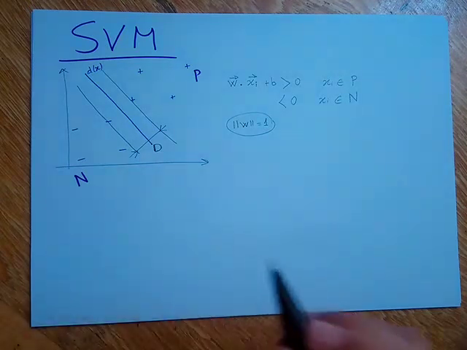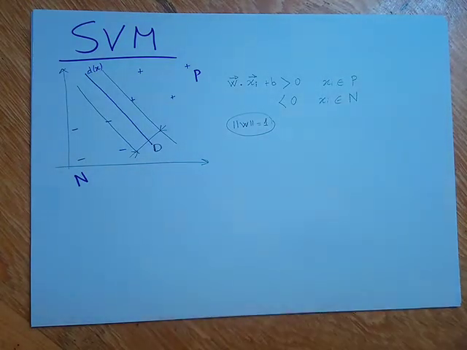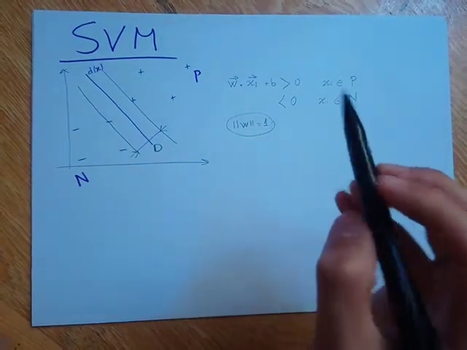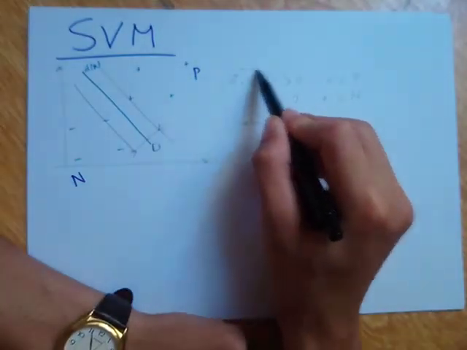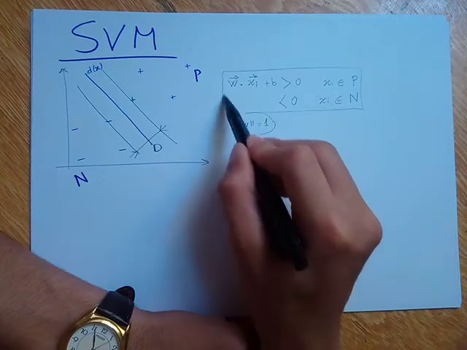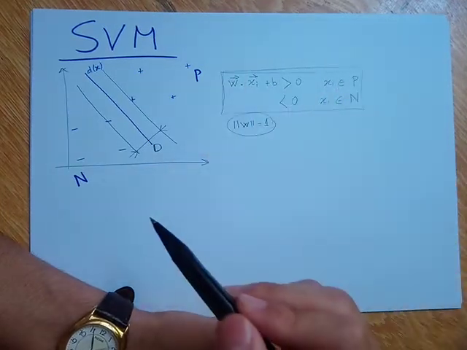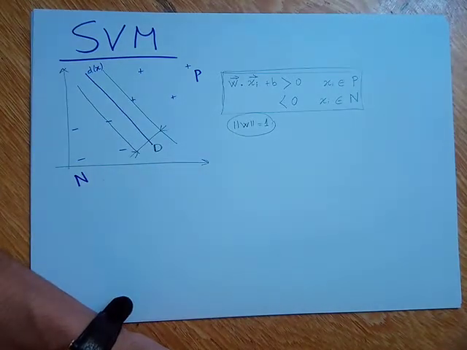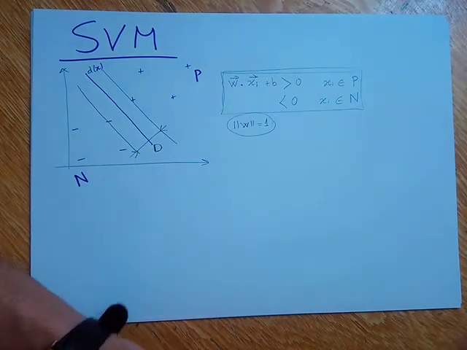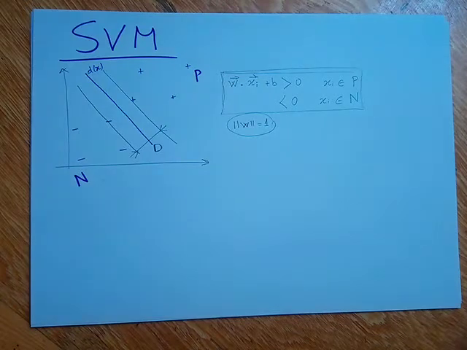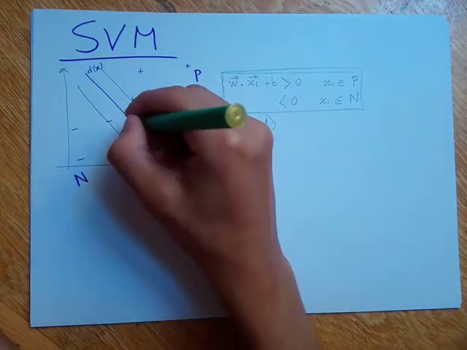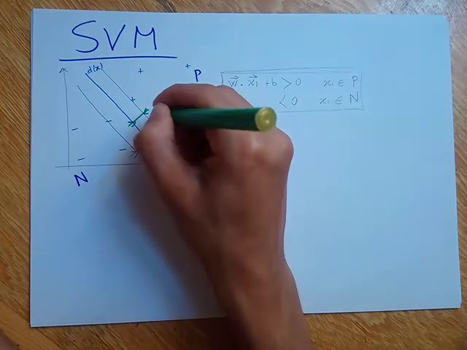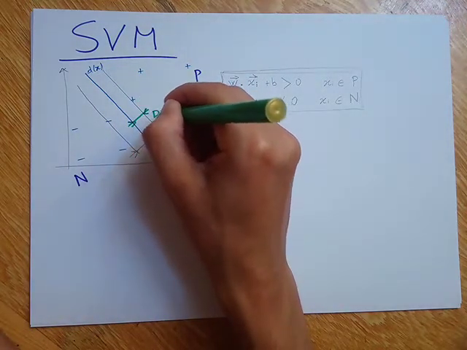Okay, so now this is what I will do. I will assume that the magnitude of w is 1, and I will try to change my decision rule. Now if I observe my graph here, I can immediately see that all my positive samples are at least this far from the decision boundary, and this is just d by 2.